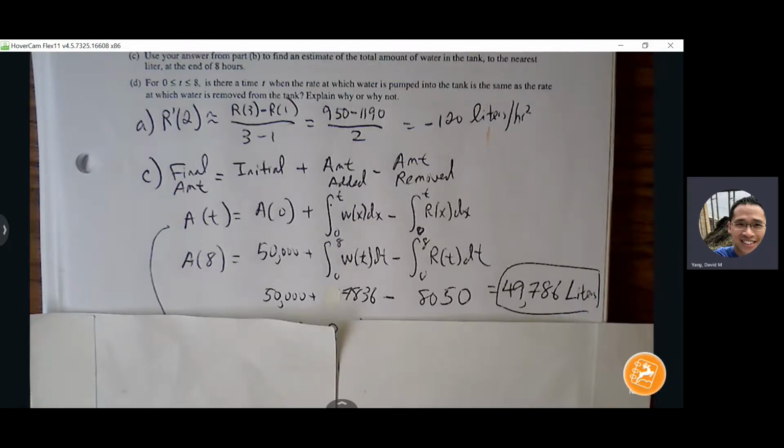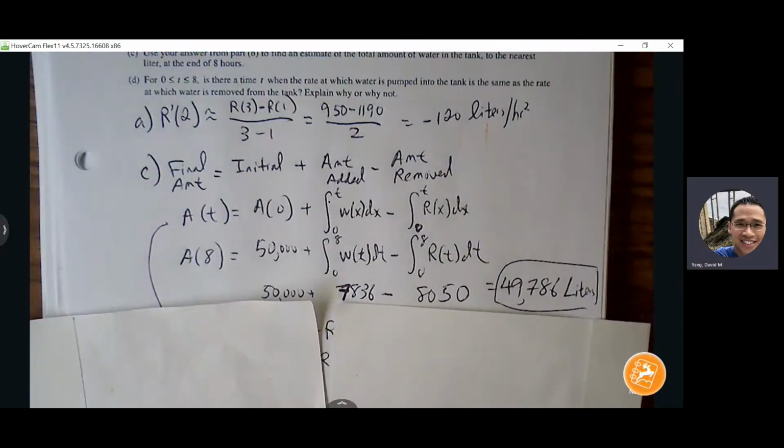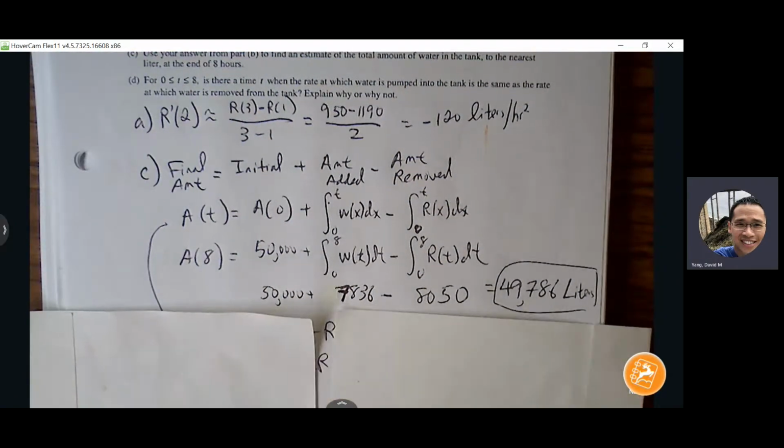I think on my key I had it as 5736. So we start off with 50,000, and then water added into the tank is 7,836 liters. And then we don't have a formula to enter in for R of t, but we gather that from part B, right? We approximated using that Riemann sum, so we'll use that value. The approximation is 8,050 liters that's been removed from the tank, and then we just combine those values together, and we get 49,786 liters, 8 hours in.